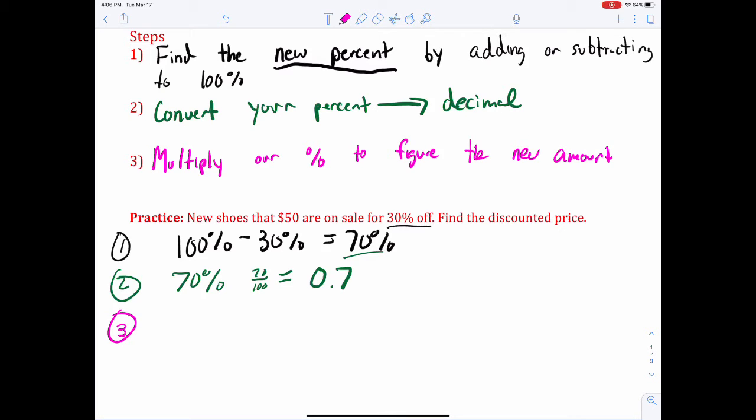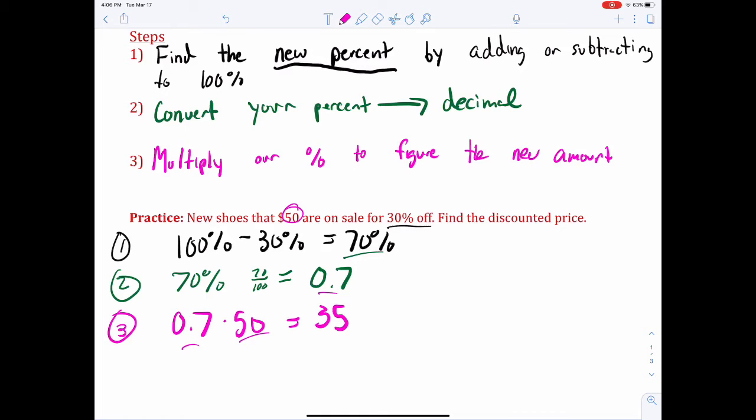Shout out to Ms. Notaro. We will do 0.7, or Mrs. Bevins. Forget who you guys have for art. 0.7 times 50, and that will equal 35. You're going to multiply your new percent by the amount you're taking it of, and that'll give you 35.